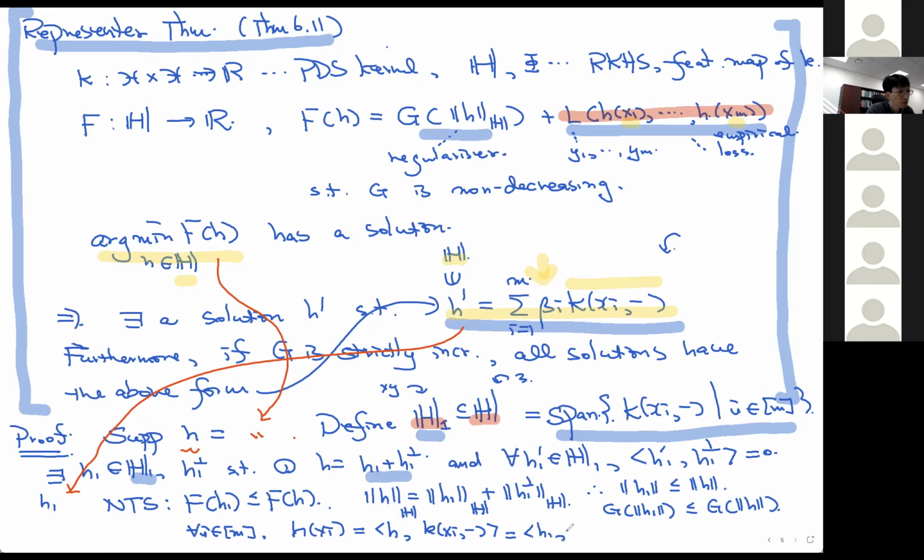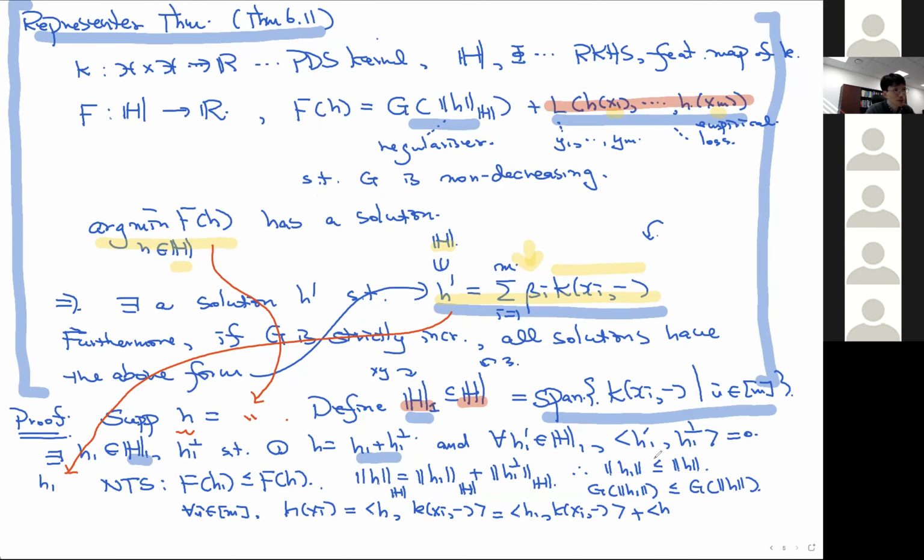Then we get the inner product of h1 with K of xi, plus the inner product of h1 perp with K of xi. The first part is the same as h1 of xi because of the reproducing property. The reproducing property says function application is the same as the inner product. But the second part turns out to be 0. So that's why the two things are the same.